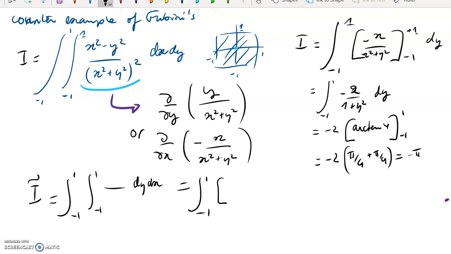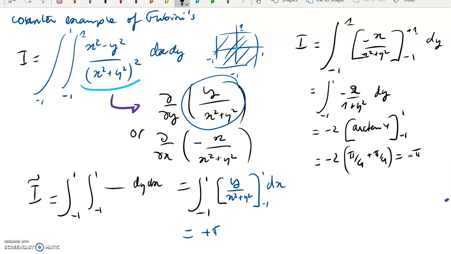The first primitive that I'm going to write is the one related to y: y over x² plus y², between negative 1 and 1, with dx remaining. It's nearly the same stuff as before, except that I don't have the minus in front of it. So maybe you can just pause and do the calculations. Okay, you should find plus pi.